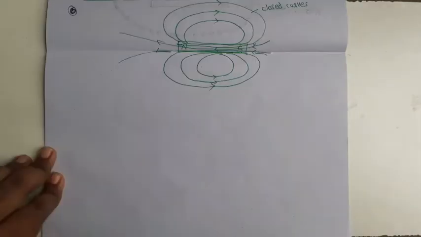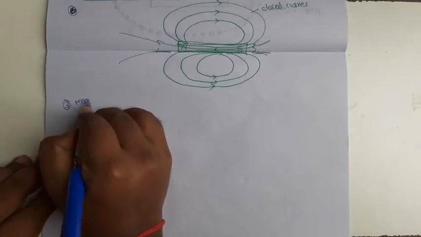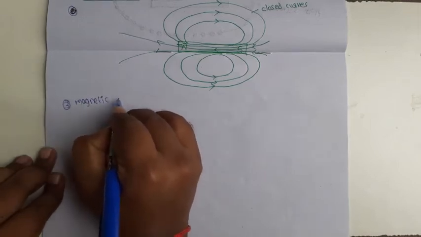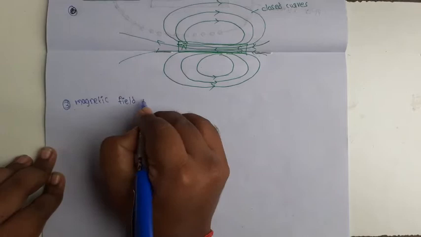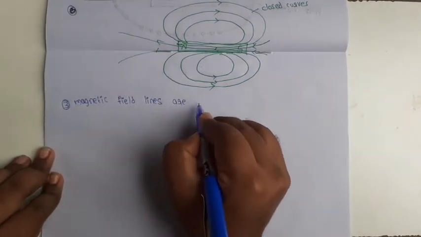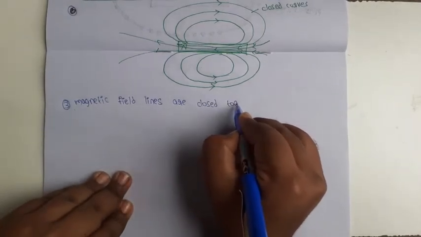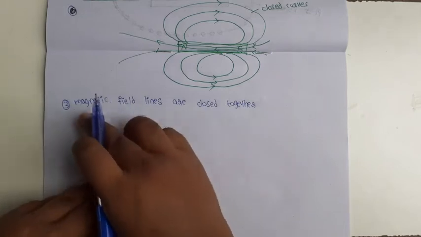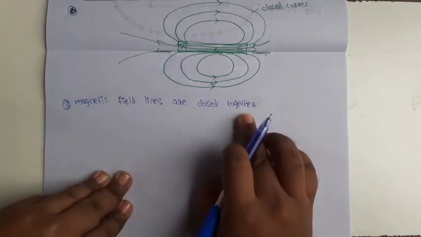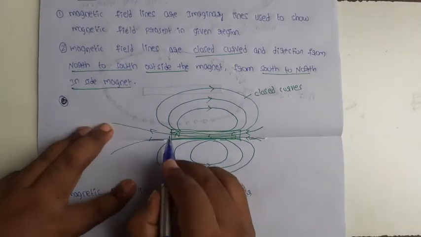Okay. Next point. Magnetic field lines are close together. Observe the diagram carefully.